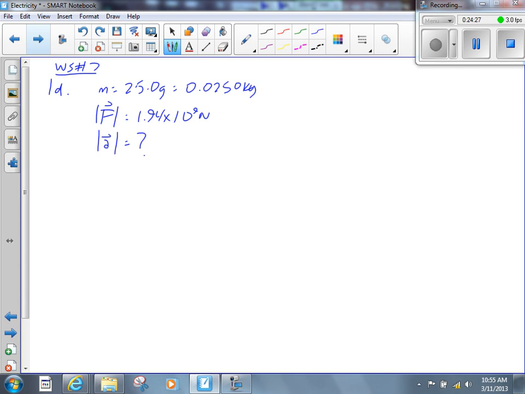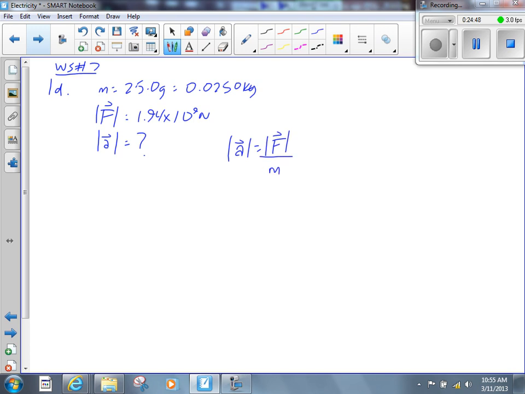How did I just say a few minutes ago that we calculate the acceleration of a charged particle? How do we calculate the acceleration of anything in physics 30? First of all, find a force, and then do what with it? Divide it by mass, right? So let's do that for this question. The acceleration is the force over the mass.